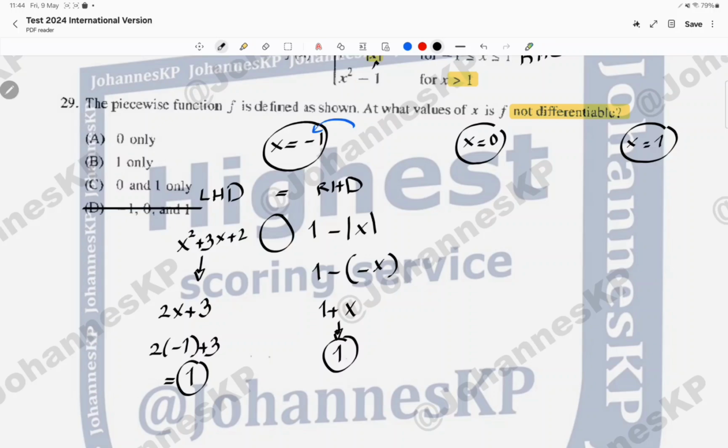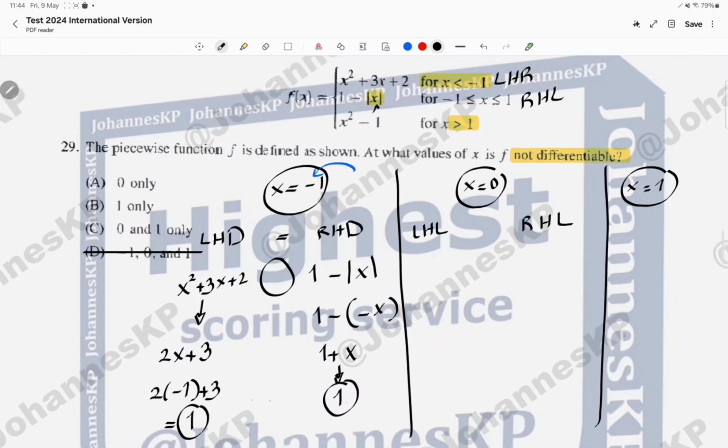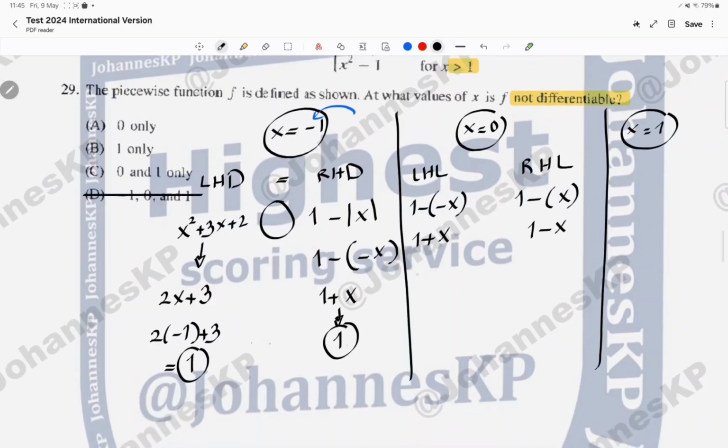Okay. Let's now check if it's continuous or not at 0. So left-hand limit, right-hand limit. We're doing this for the 1 minus absolute value of x. If x is less than 0, you put minus on the inside. And if x is bigger than 0, you put plus on the inside. So 1 plus x, 1 minus x. Let's make sure it's continuous first.